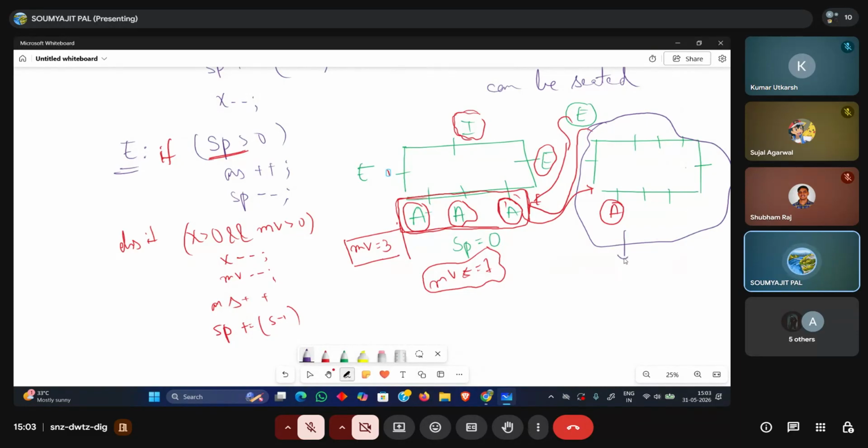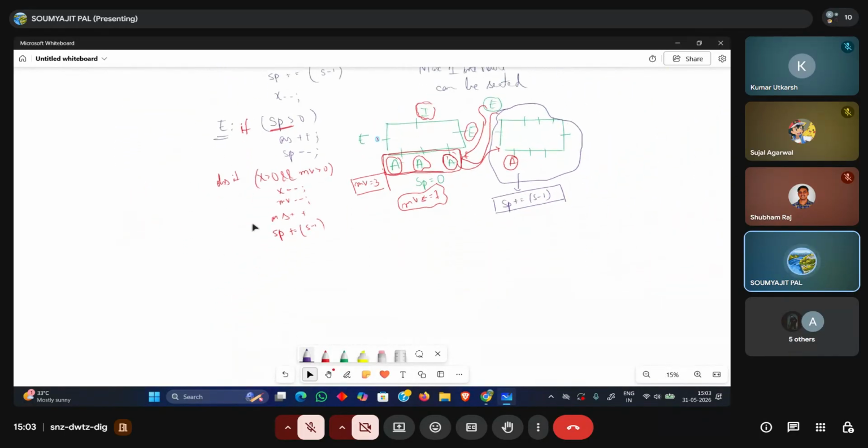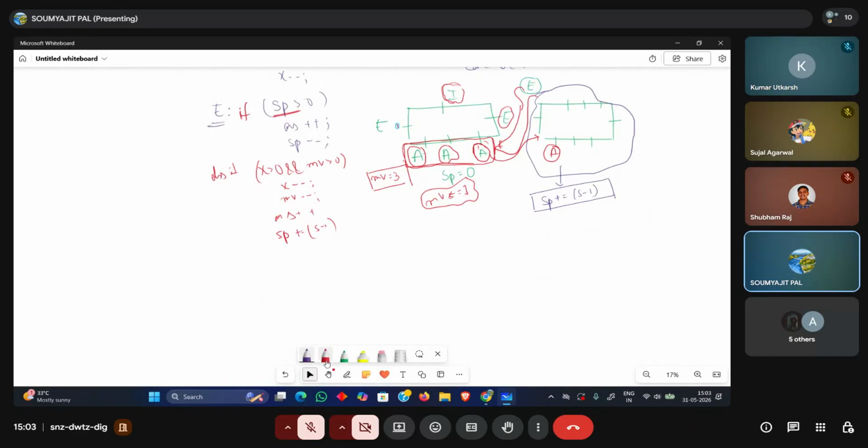So my SP is increased by plus equal to S minus 1. So this is the case for an extrovert. Okay, let us see what you can do for an ambivert, the last one.